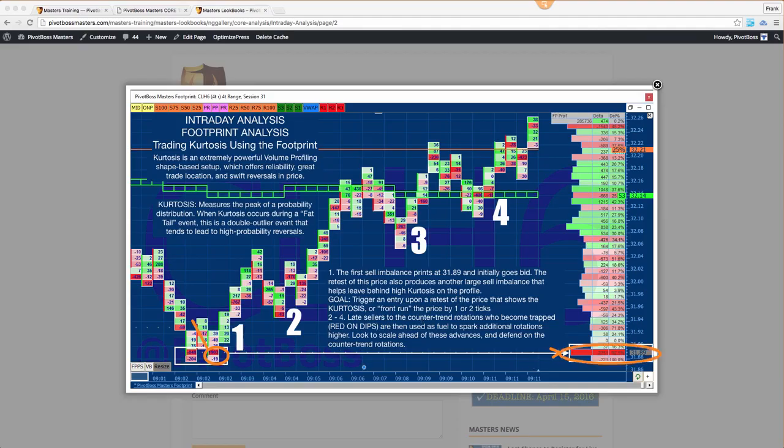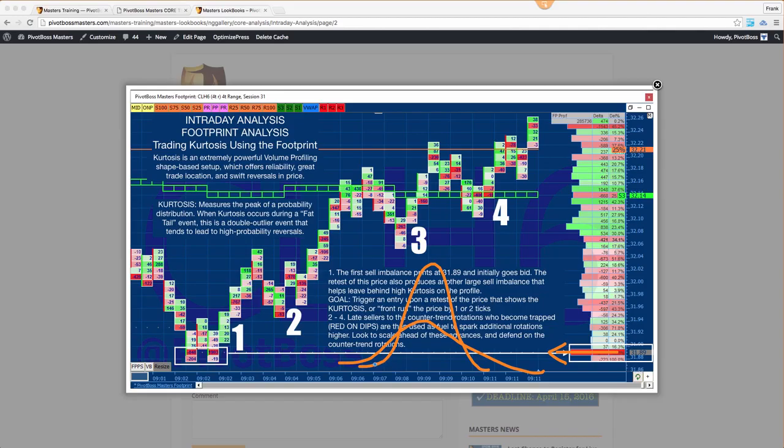So a data point with high kurtosis is seen. Remember, kurtosis measures the peak of any profile or distribution. How tall is the peak relative to what it usually is? This would be leptokurtosis. Remember, lepto is when a peak is very tall. Platykurtosis is when a peak is very shallow.